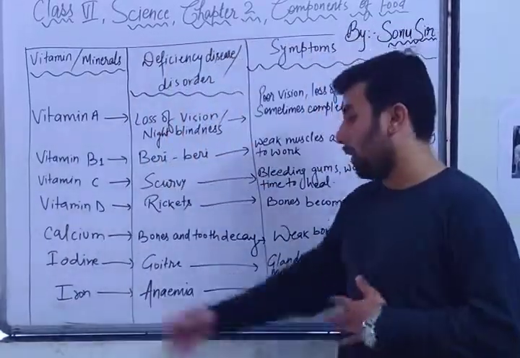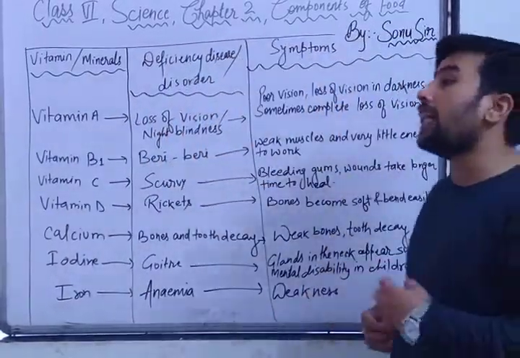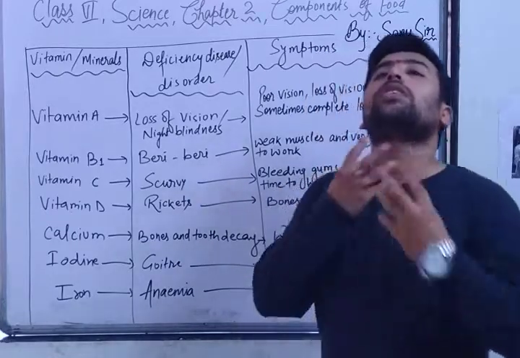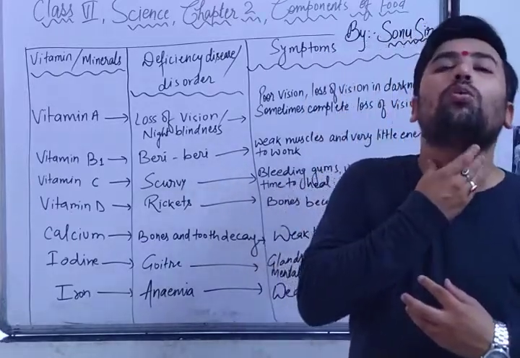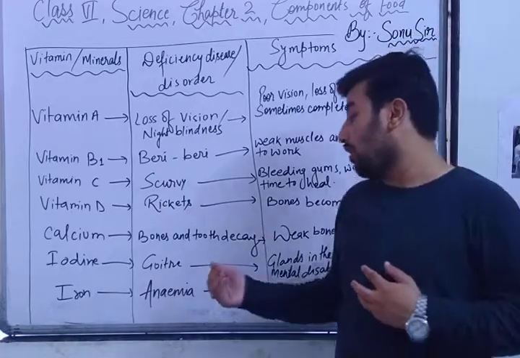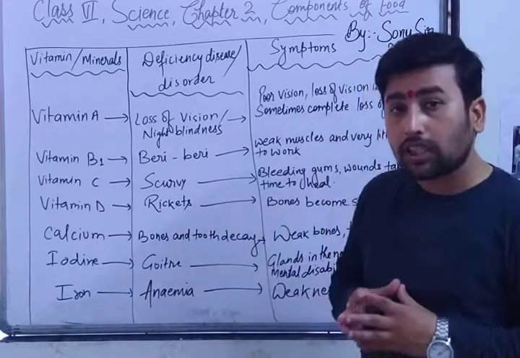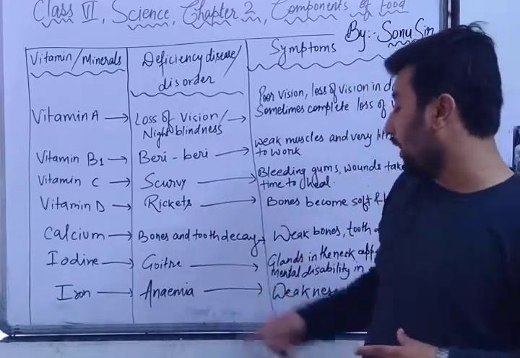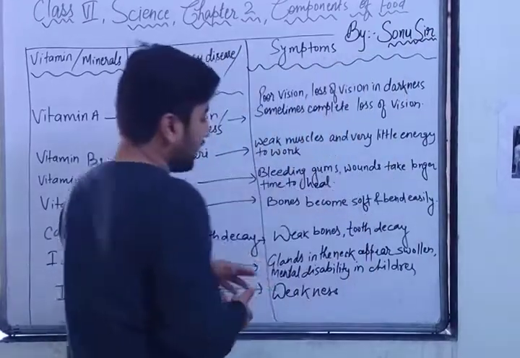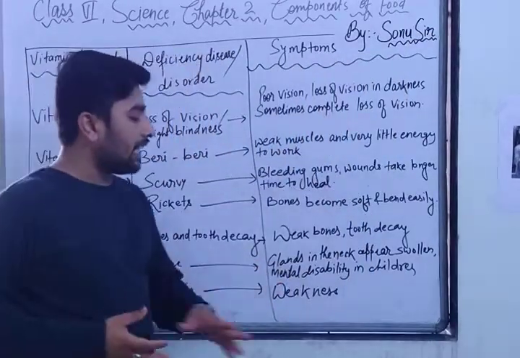Next one is iodine. If you are not taking iodine, you may see that some persons have a big round swelling on their neck, that is called goiter. Goiter is a disease caused by the lack of iodine, and glands in the neck appear swollen, and there is mental disability in children.